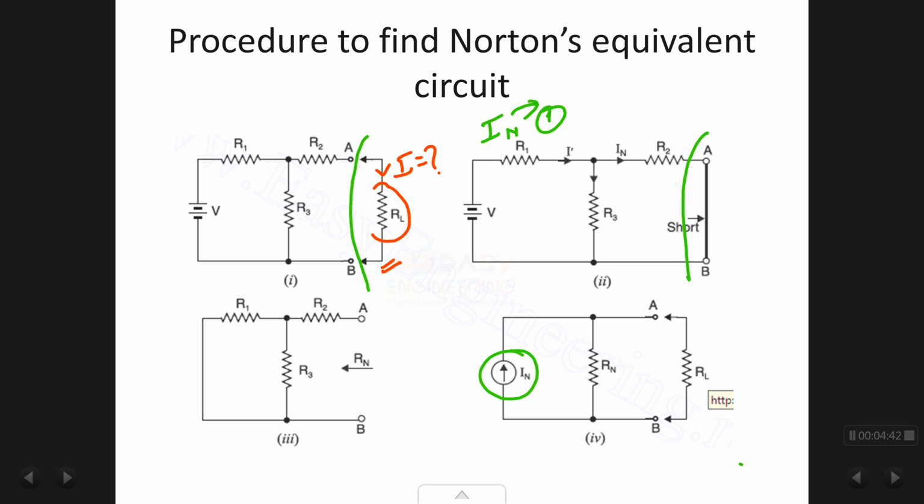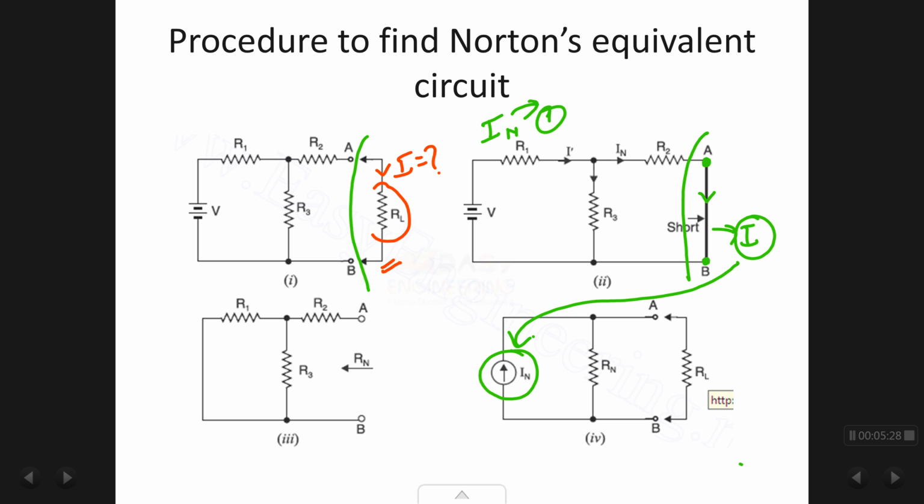I have to remove my load resistor RL, and instead of that place a short across my points AB, and calculate the current in this short. Once I find the value of the current in the short, this current value has to come over here.